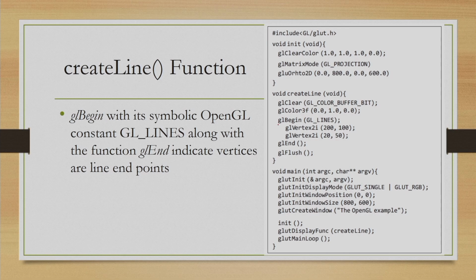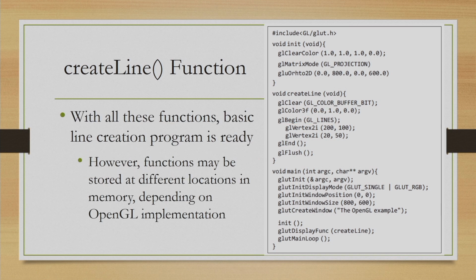And the function glBegin with the constant GL_LINES, as well as the function glEnd, indicate that the vertices are line endpoints. Now, with all these functions, our basic line creation program is ready.